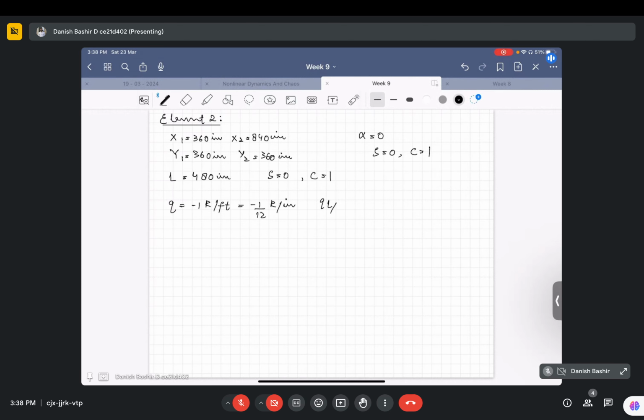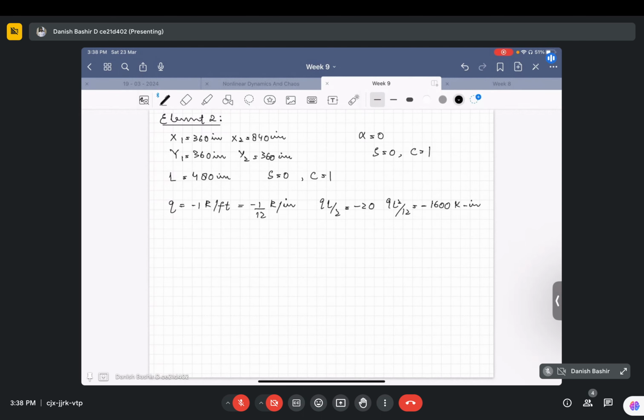QL by 2 comes out to be minus 20 and QL square by 12 comes out to be minus 1600 kilopound inch.